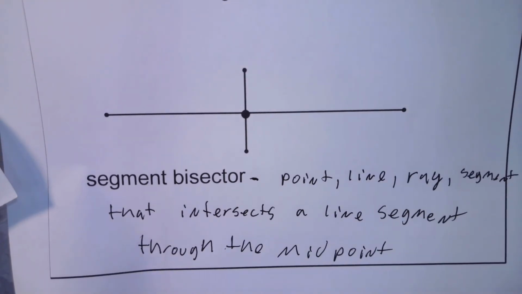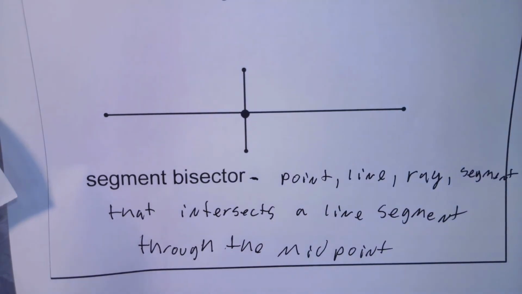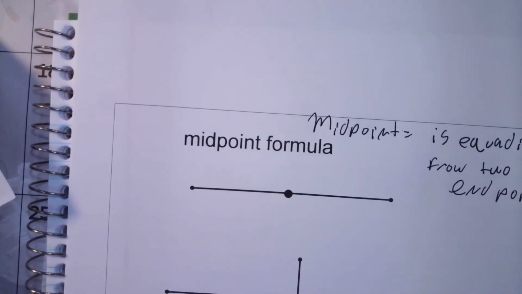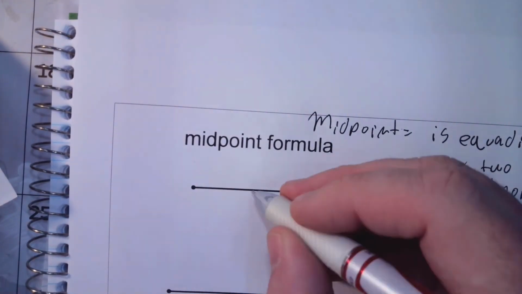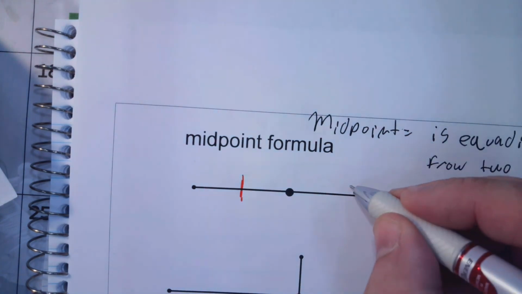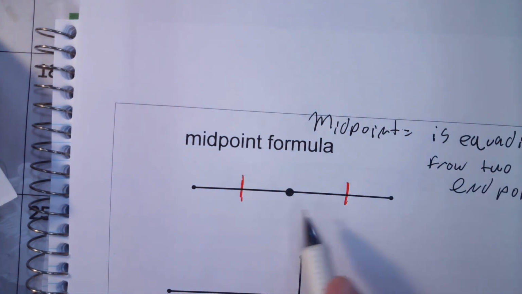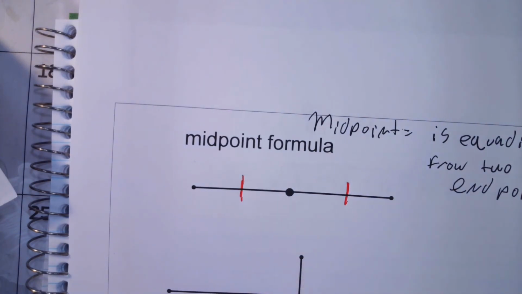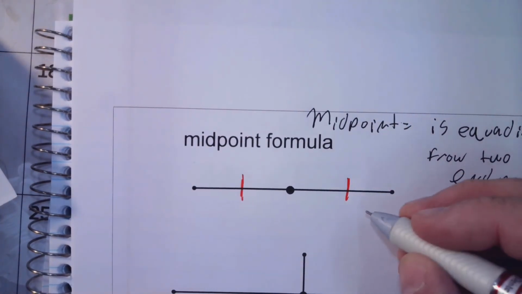So let's get the midpoint formula now that we wrote all that so you know what a midpoint is. We're going to use midpoint and segment bisectors a lot, so you need to know what a midpoint means. The midpoint is going to let us know that this line segment equals this line segment. See what I just did with these red lines? That means this line segment equals this line segment. And here's the formula.